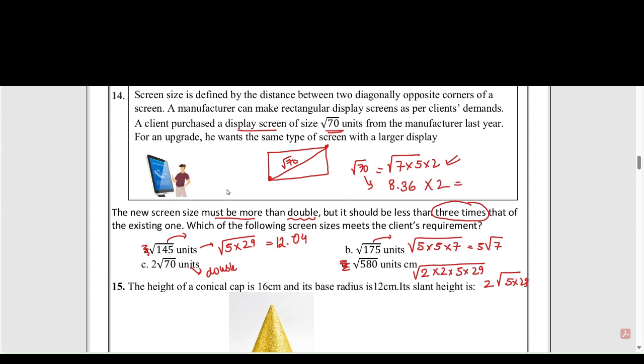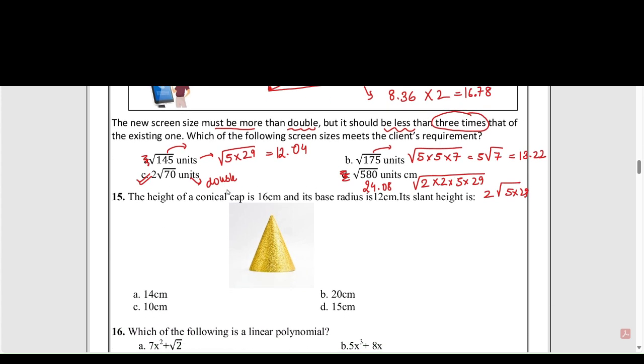See what is double of 8.36? 16.72. Root 175 is something around 13.22, and root 580 is 24.08. So it should be less than 3 times. This is already greater than 3 times roughly. Hence our answer is 2 root 70.